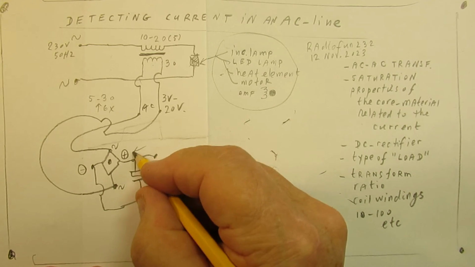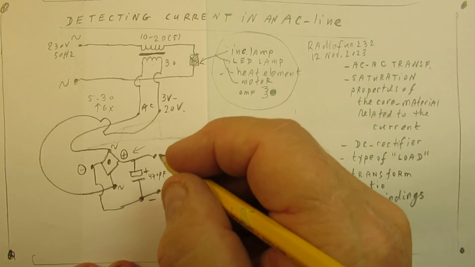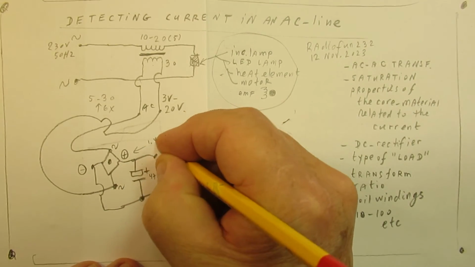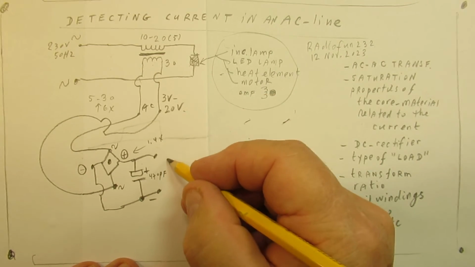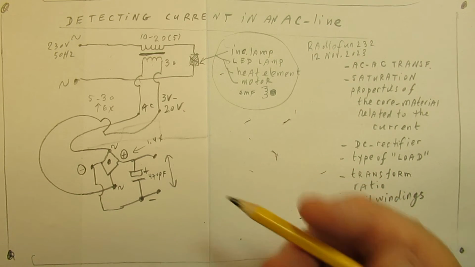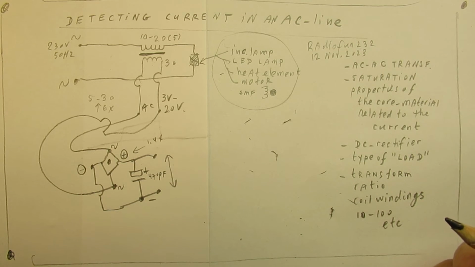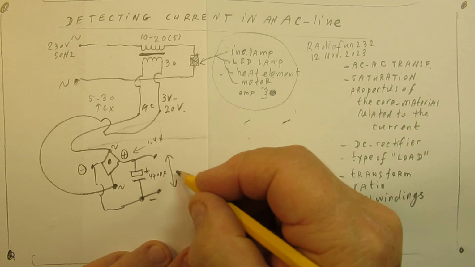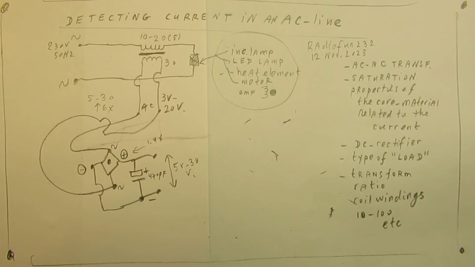We can see here, because that bridge rectifier gives out 1.4 times the AC voltage, voltages appear in the order of let's say 5 volt up to 30 volts. So again, only a hobby circuit.